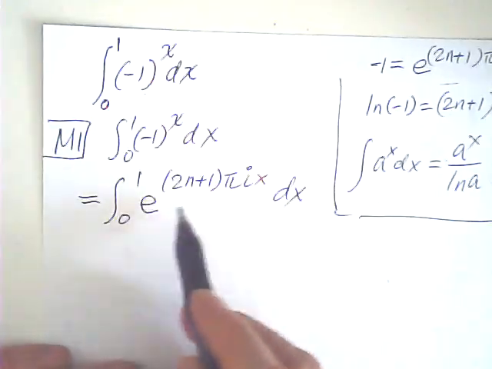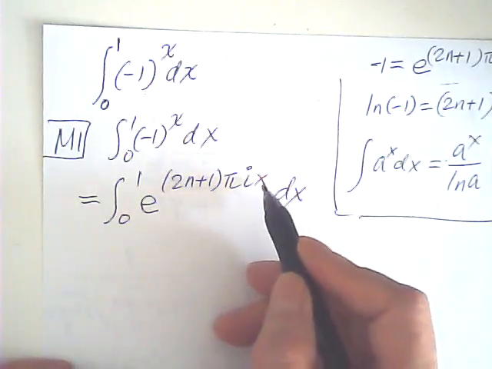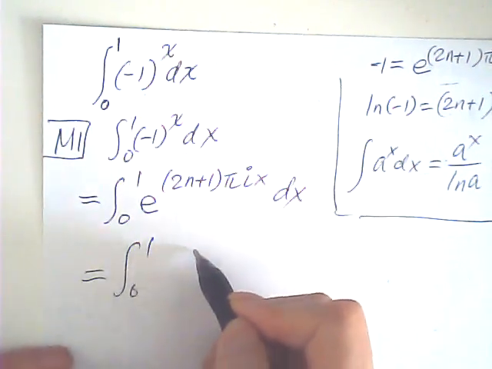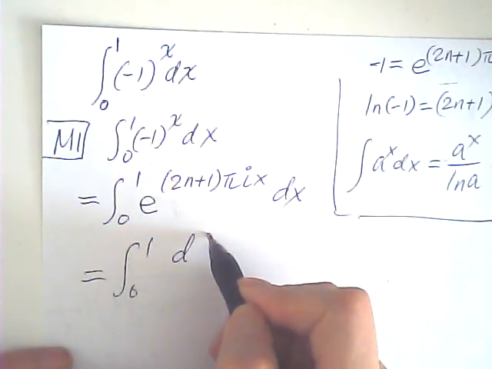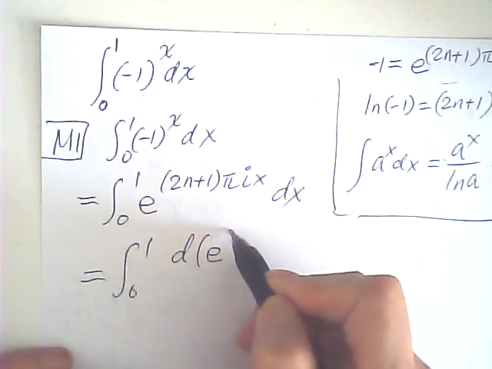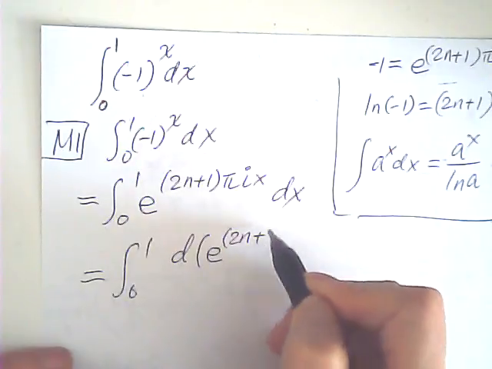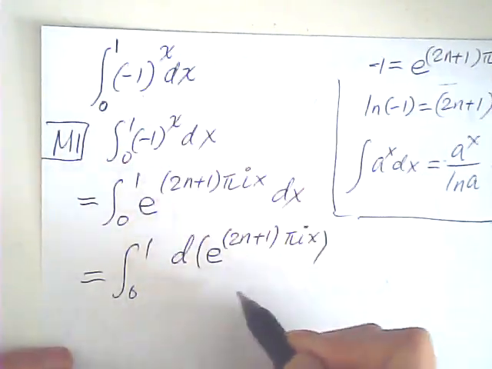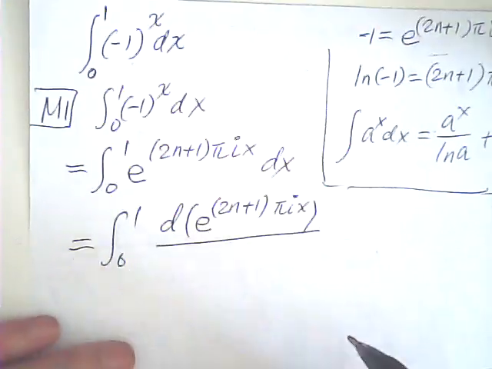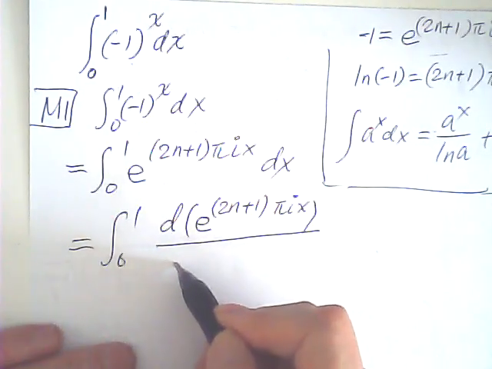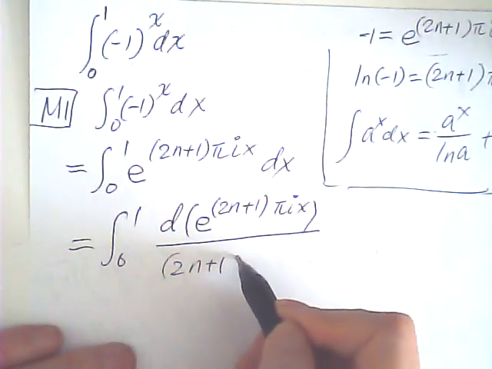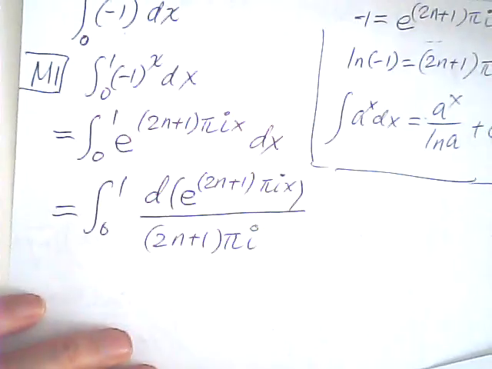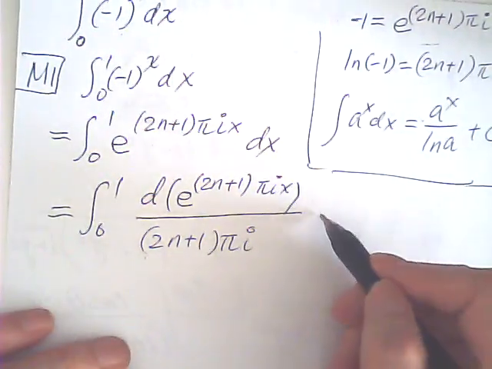Now, these are just constants, right? This x is the variable, therefore this is equal to the integral of e to the (2n plus 1) pi i x over (2n plus 1) pi i. So this constant is taken out.